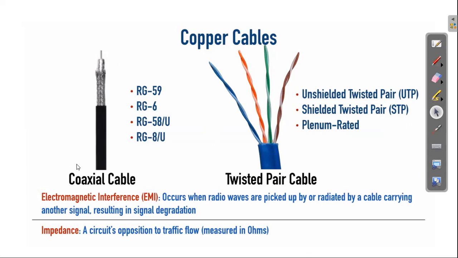Coaxial cables we are not using nowadays to connect network devices. Electromagnetic interference (EMI) occurs when radio waves are picked up by or radiated by a cable carrying another signal, resulting in signal degradation. Impedance is a circuit's opposition to traffic flow, measured in ohms. Don't worry about that.